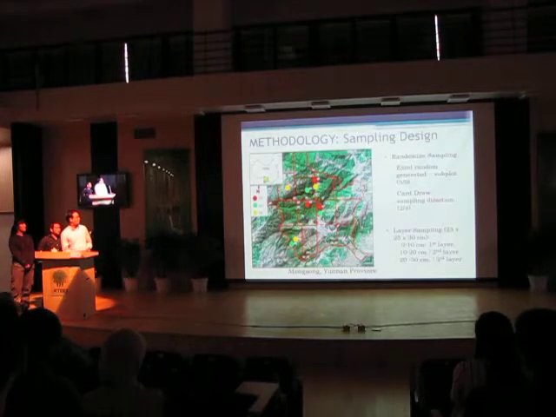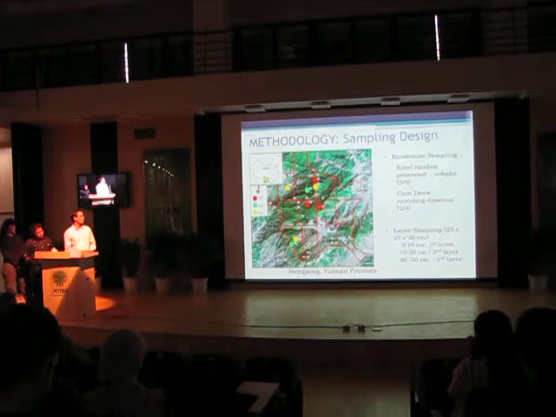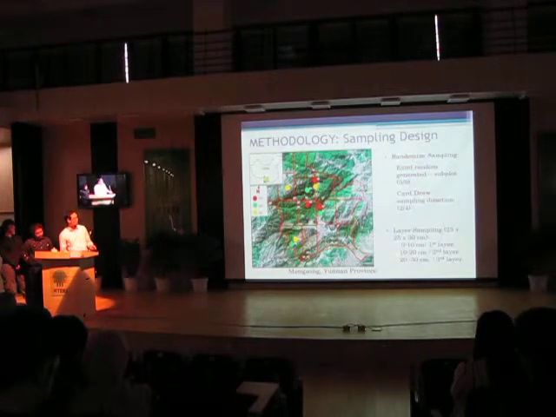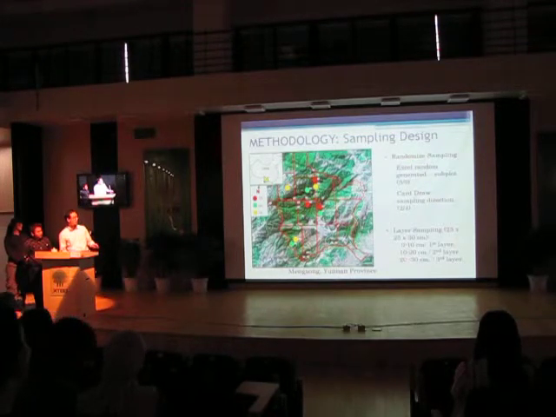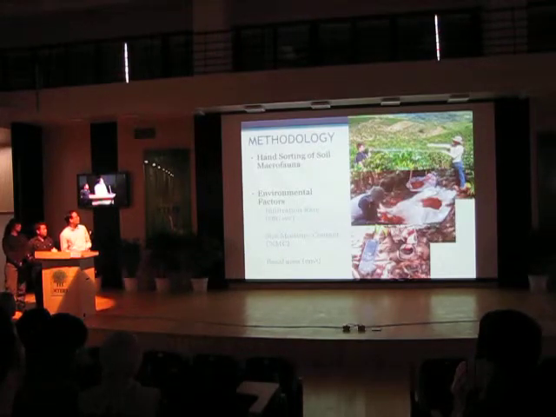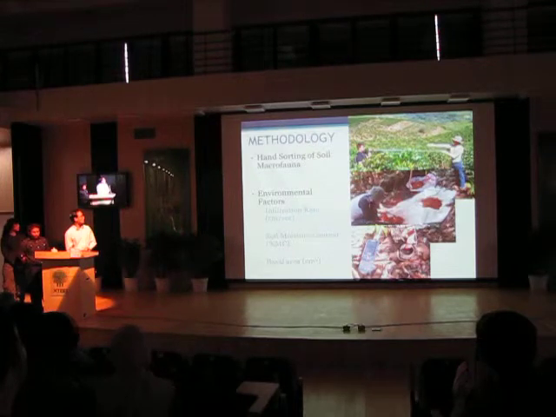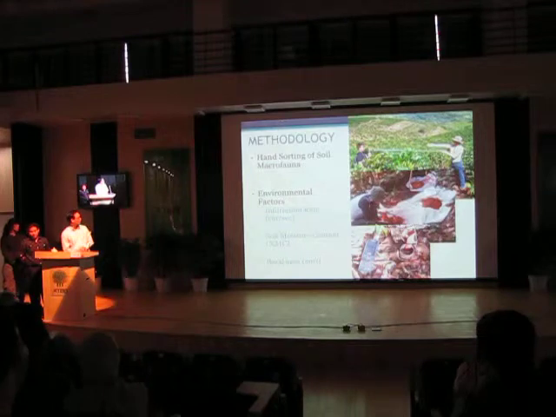And then we sorted the soil macrofauna according to the layers that we designed: the first layer from 0 to 10 centimeters, the second from 10 to 20, and the third from 20 to 30 centimeters. During the soil sampling, we also collected data related to environmental factors, like infiltration rates, soil moisture contents, and basal area.